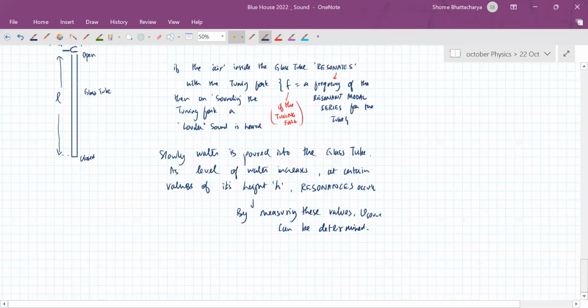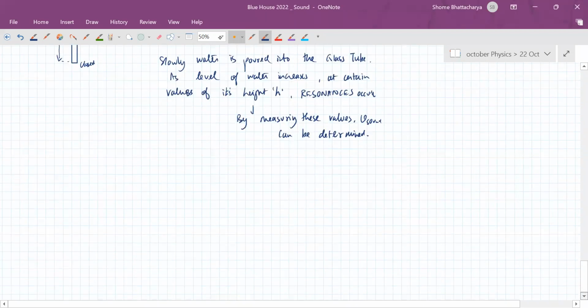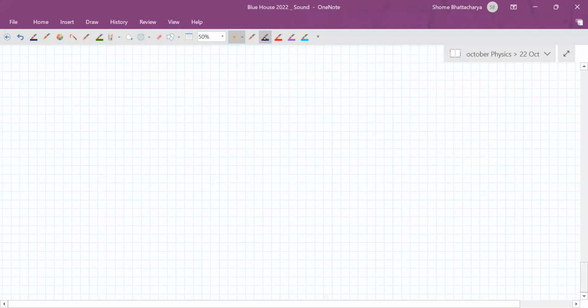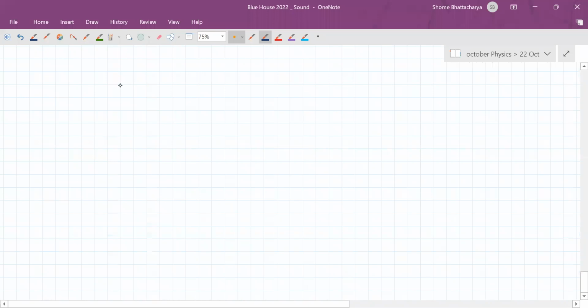Okay, so now let's understand how the resonance is created. Basically, as we fill liquid in the tube, initially it is empty, and let's say it is not resonating. So we are hardly hearing too much sound from the tuning fork.